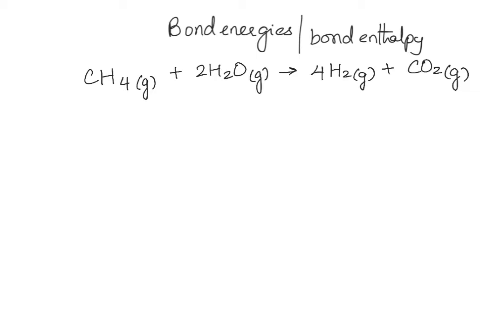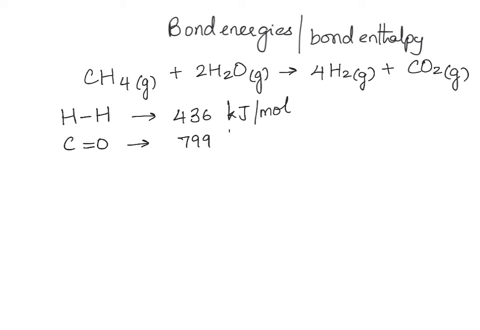When bond energies are given, they are given like this. H-H bond energy is 436 kilojoules per mole. C double bond O bond energy is 799 kilojoules per mole.